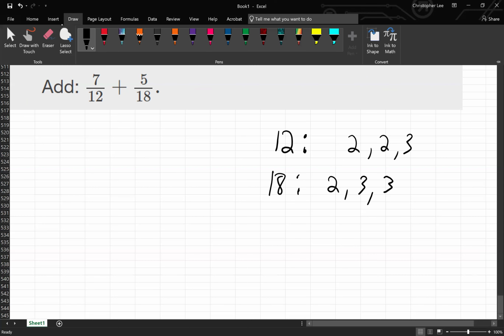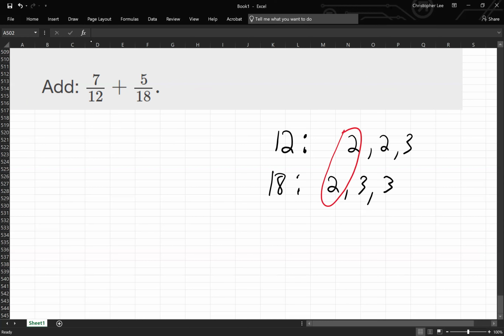Here's what I'm interested in: what do they have in common, right? They both have a 2. They both have a 3, right? But one of them has an extra 3, one has an extra 2. So when I say LCD, I want the smallest number that both numbers go into, if that makes sense, right?